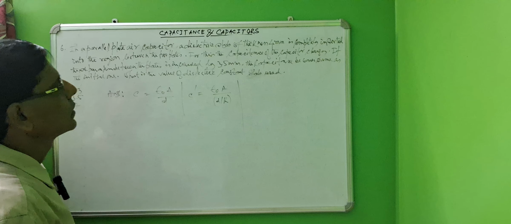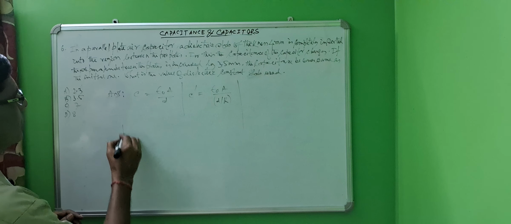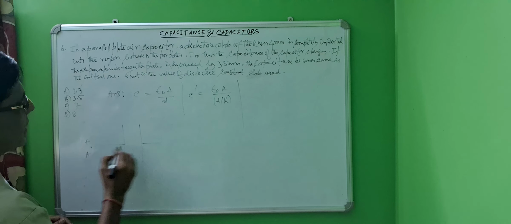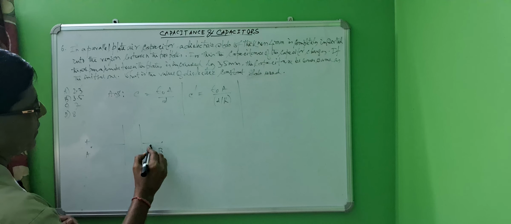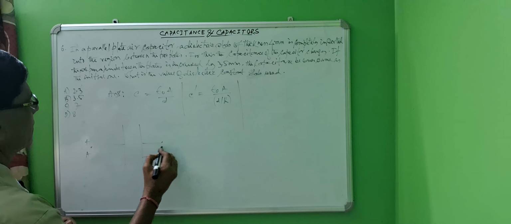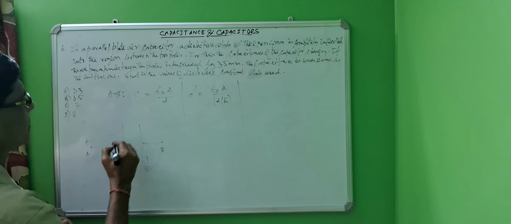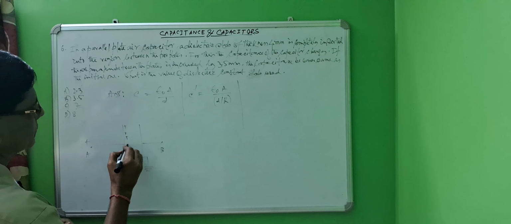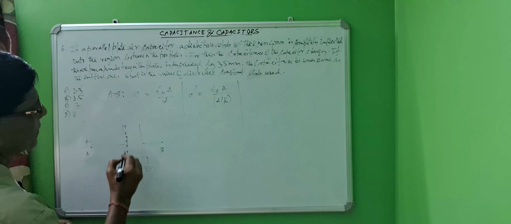Now in the parallel plate capacitor, this one is plate A, which is positive, and this one is plate B, which is negative.